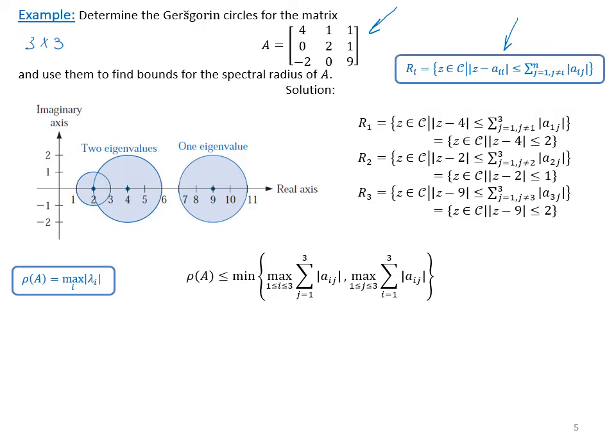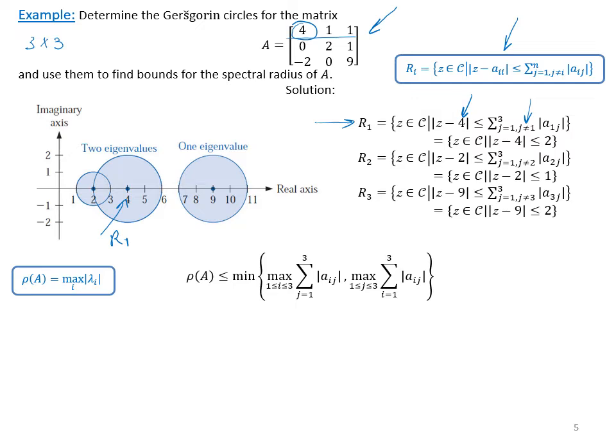Let's compute them. In order to compute R1, we should look at the first row of our matrix A, and the center of this first circle will be at point 4. If we look at the picture, it's our R1 circle with center at 4. It's here. And in order to find the radius, we should sum up all elements of the first row, excluding the element from the main diagonal.